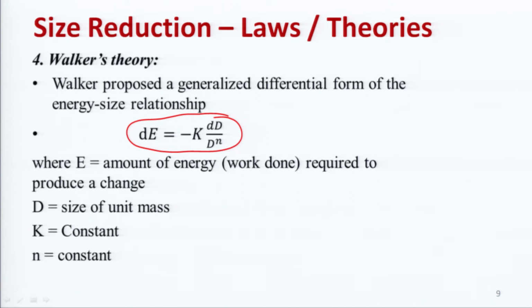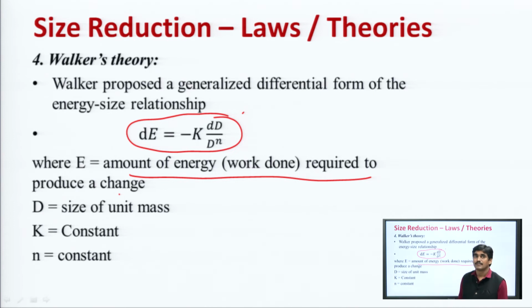So, what is this? dE is equal to minus K dD by D to the power n, where E is the amount of energy, that is work done, required to produce a change, D is the size of unit mass, K is a constant, and n is also a constant.